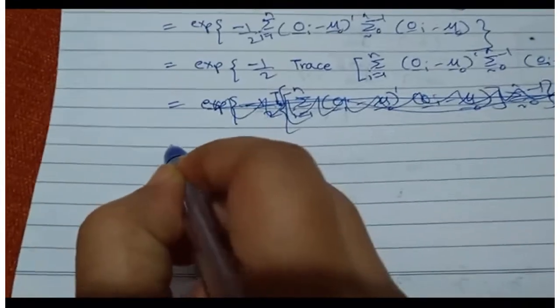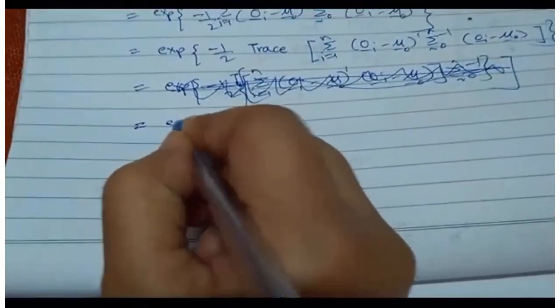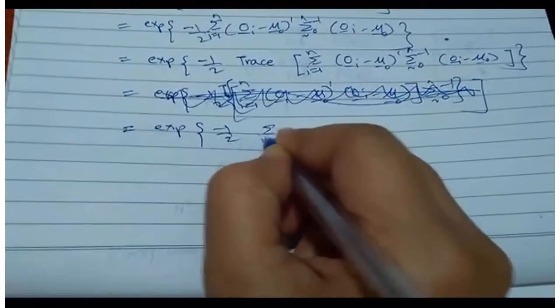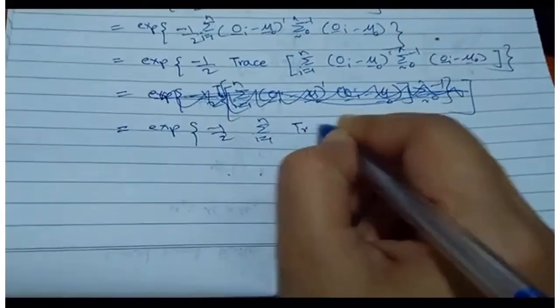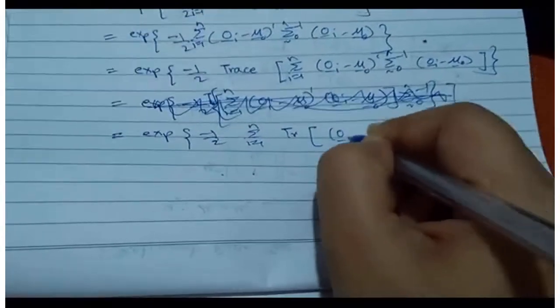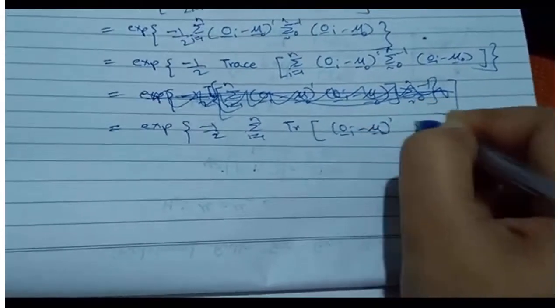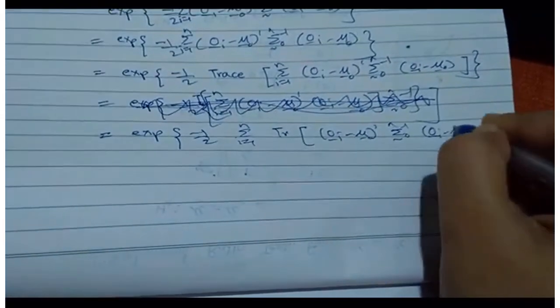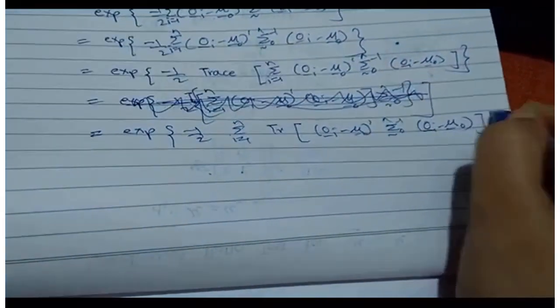So I will take the trace inside the summation, so I will have e raised to minus half summation i going from 1 to n, trace of (y minus mu naught) prime sigma naught hat inverse (y minus mu naught).